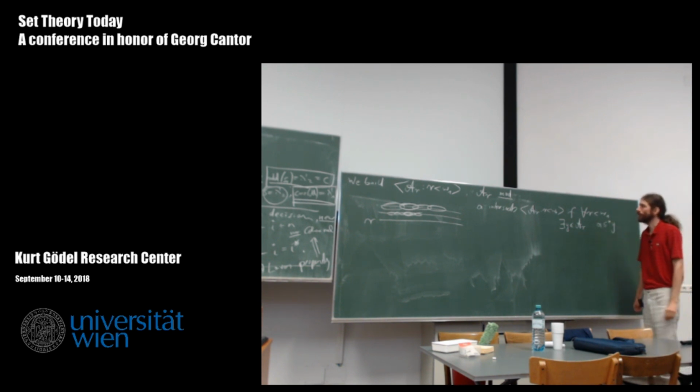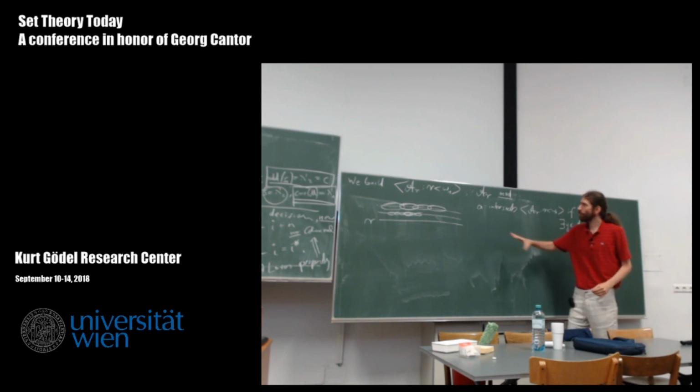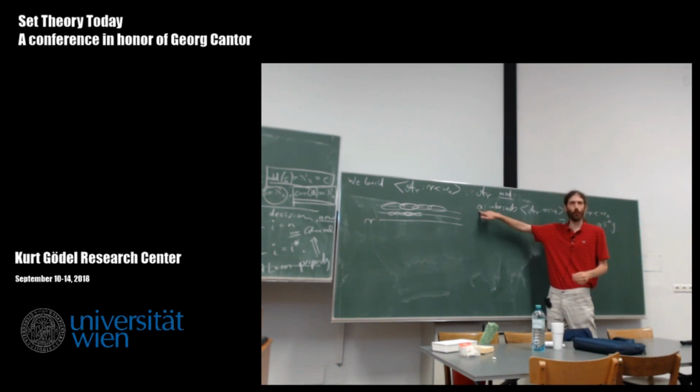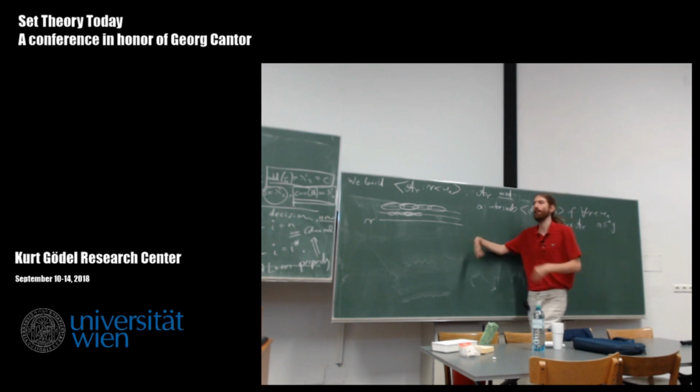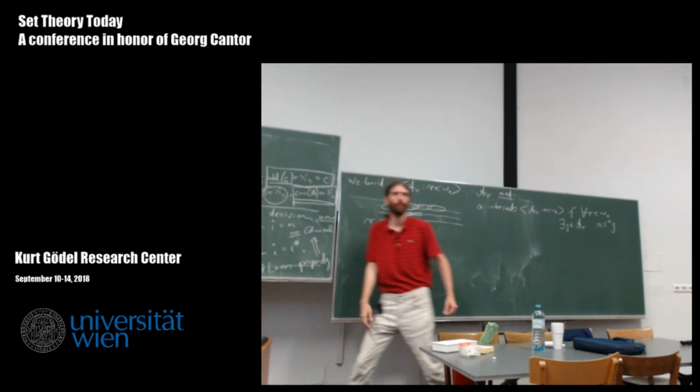This is what it means, and we want that at the end we have a matrix for which there is no such A, that the matrix is not intersected, and this at the end witnesses that h is aleph 1.